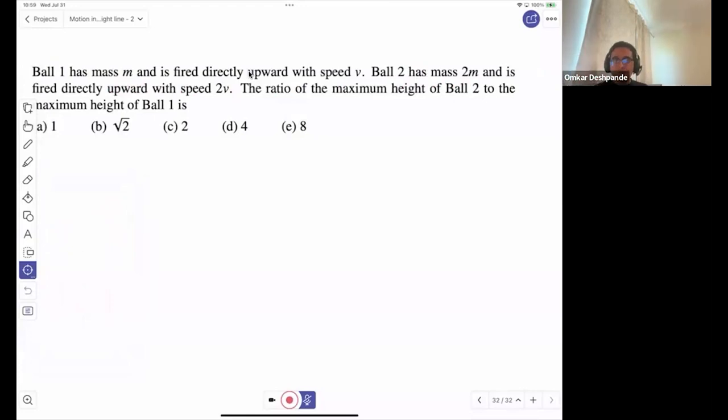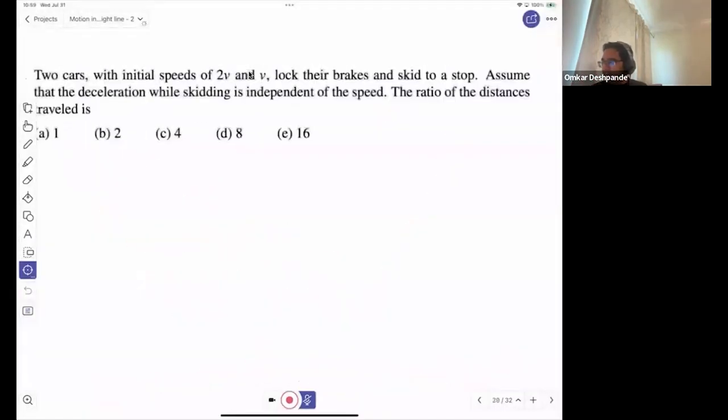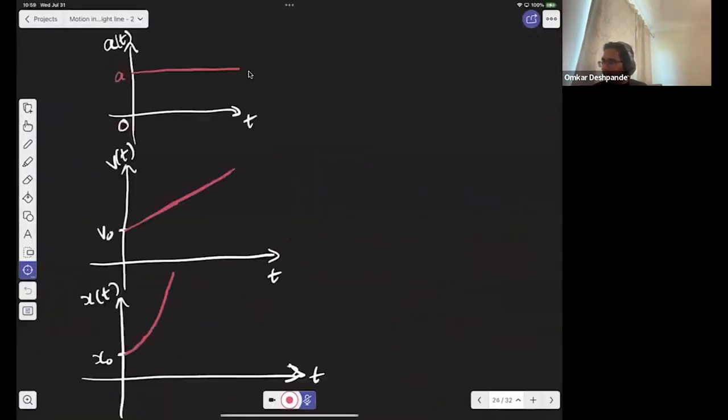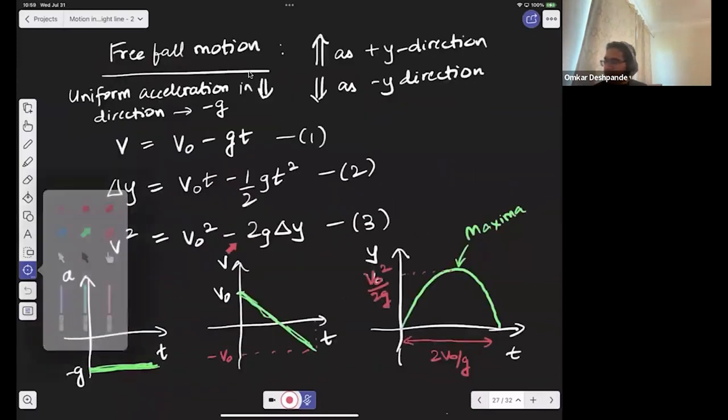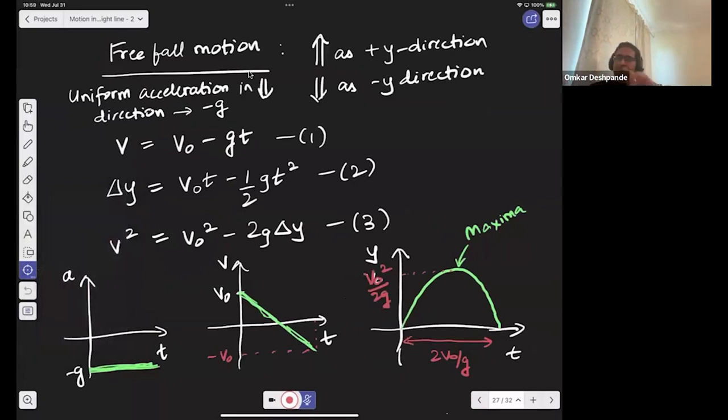So the acceleration for both masses will be minus g. So in that sense, because the acceleration is the same, the masses are not going to figure in any of these equations of motion. So the fact that the same set of equations apply to both masses is something you have to first be clear about in your mind.